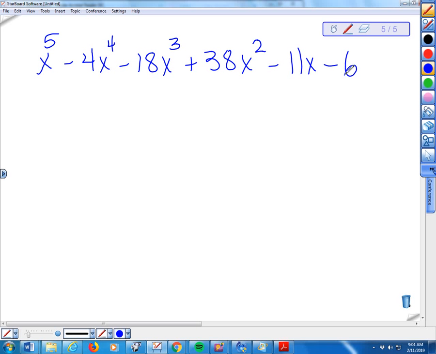In this section, we're going to learn how to find the solutions to a polynomial like this.